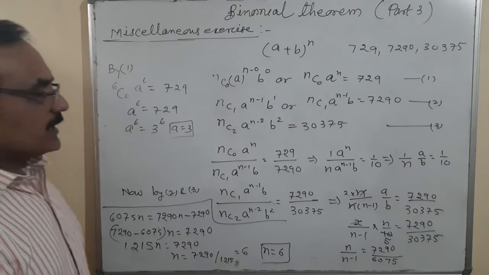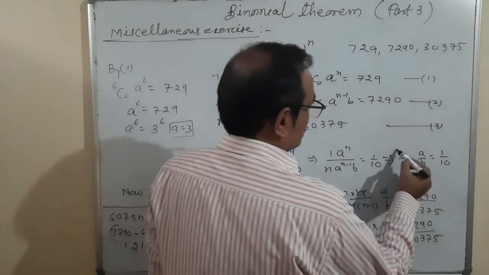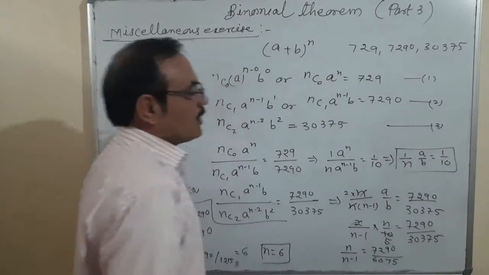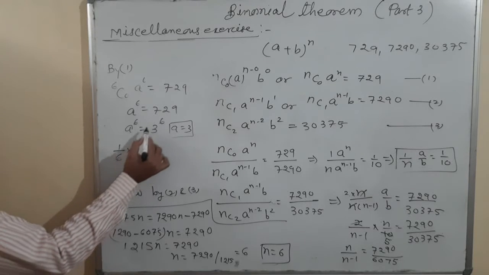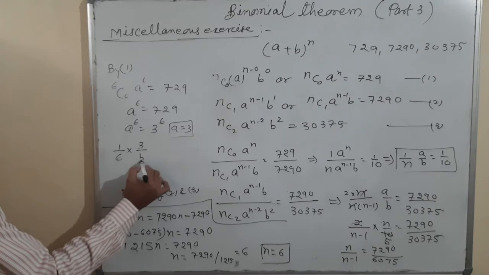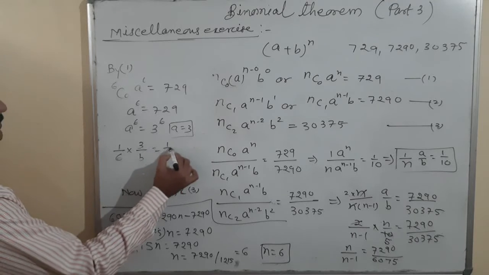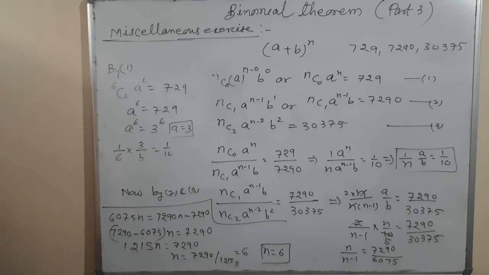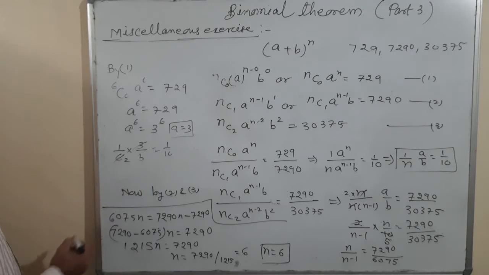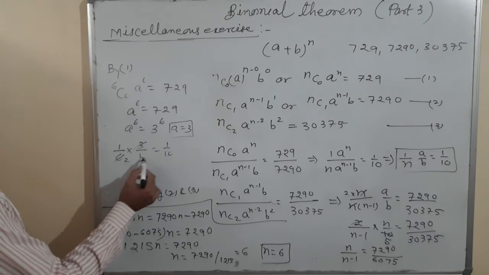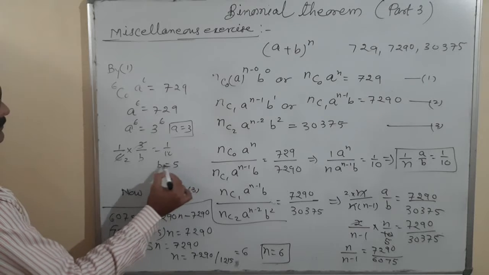Okay. Second value, we will use this term 1 upon n, ab is equal to 10. So now 1 upon 6, a is 3, 3 upon b is equal to 1 upon 10. Okay. So 3 2s are 6, 2b is equal to 10, therefore b is equal to 5.